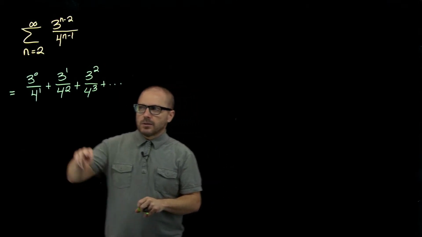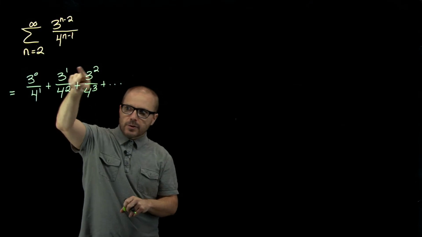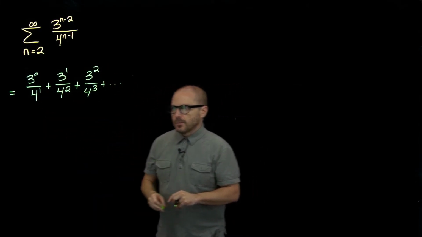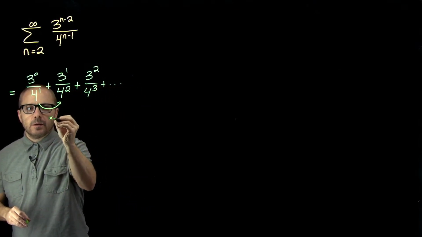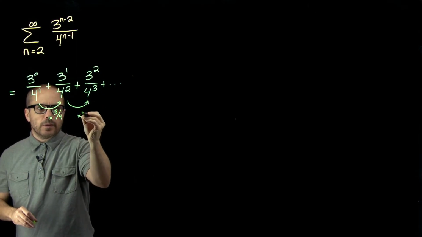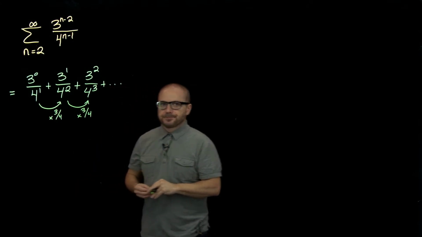Remember, another way you could do it is to write this term over this one, third term over the second, and so on. They should all give you that common ratio. To go from there to there, you multiply by 3/4, multiply by 3/4, and so on.